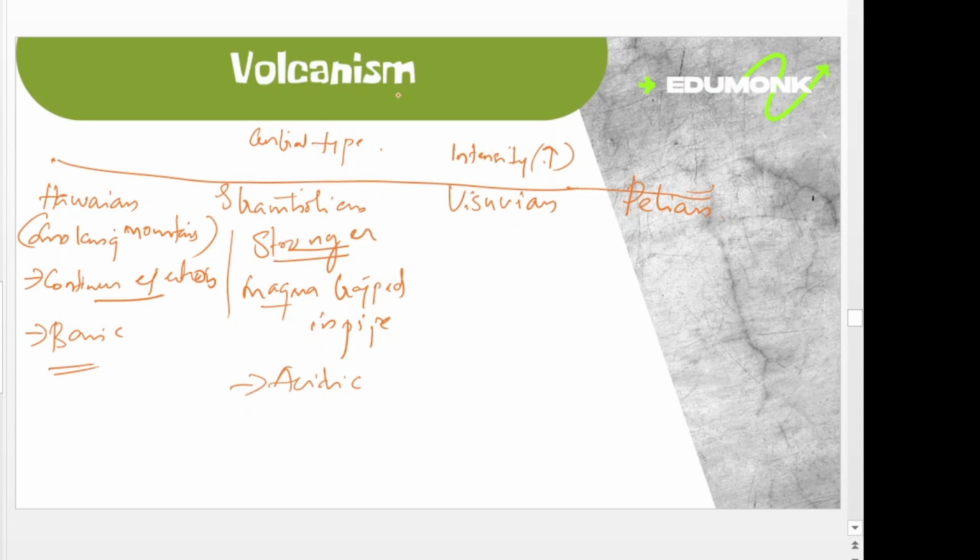Then we move to the third kind of volcano, that is Vesuvian. Here you will see the ejection of pyroclast and more gaseous content. We already said there are three kinds of ejection materials. First one is magma, second is gaseous matter, third is pyroclast. In Vesuvius, there is more pyroclast and more gaseous material.